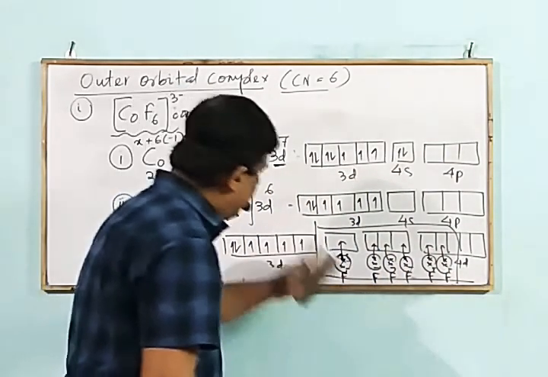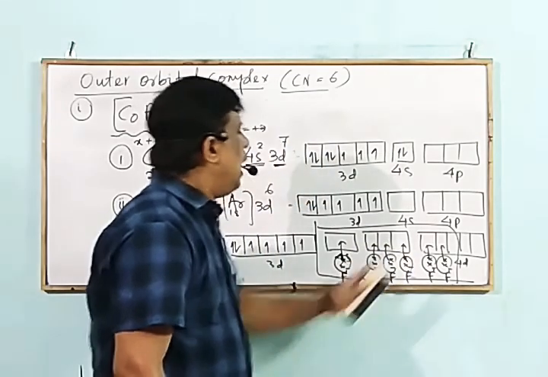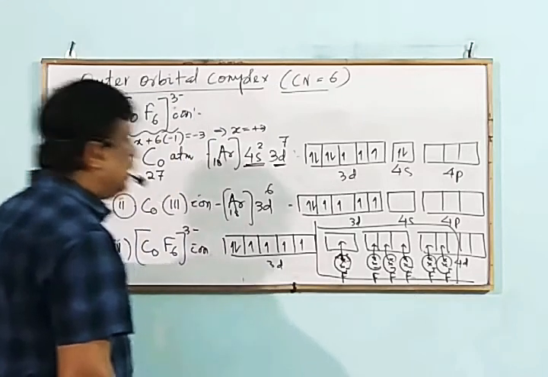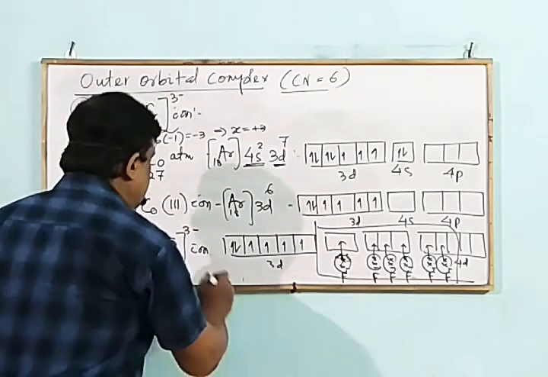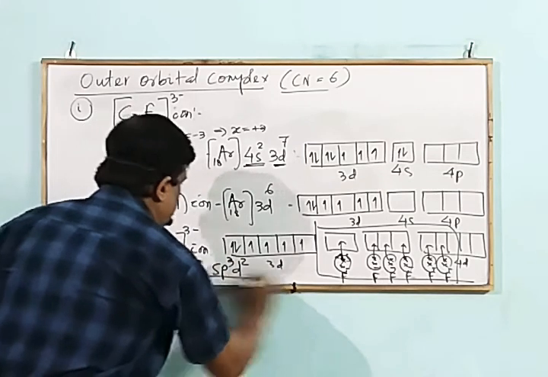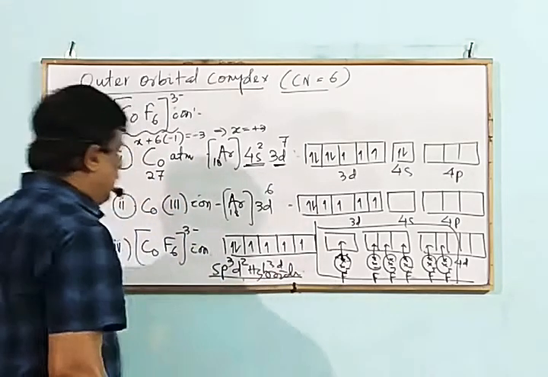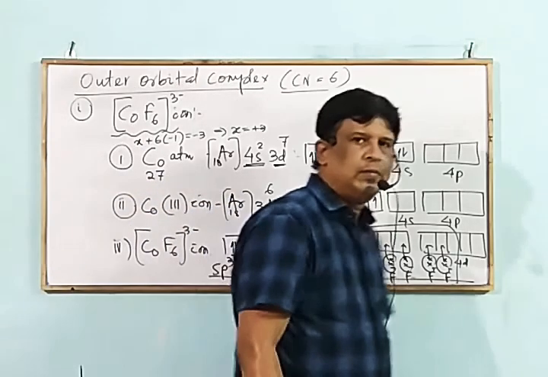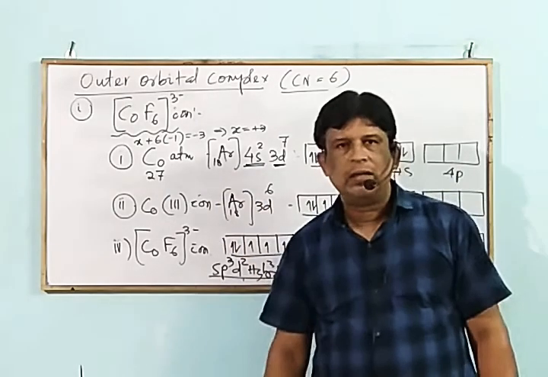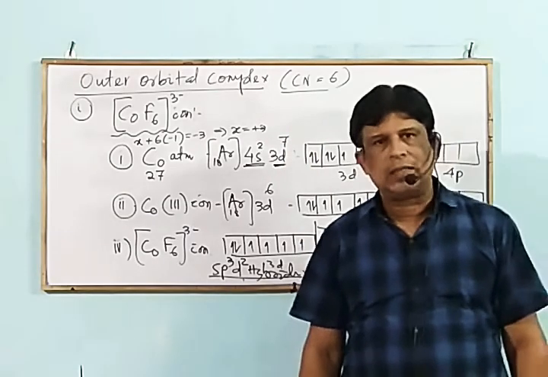So from this it is clear that 1 s orbital, 3 p orbitals and 2 d orbitals participate, resulting in sp3d2 hybridization. From this discussion it is clear that it is an octahedral complex with coordination number 6.